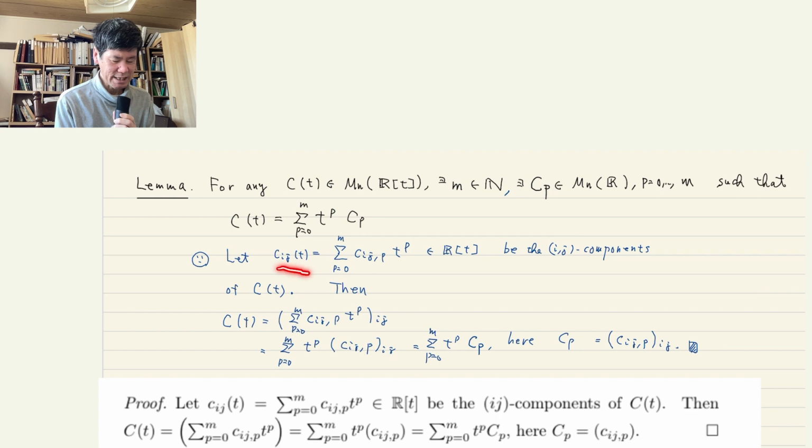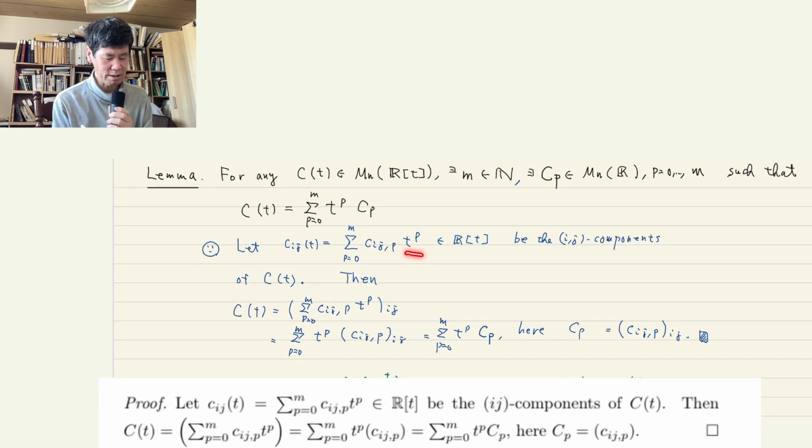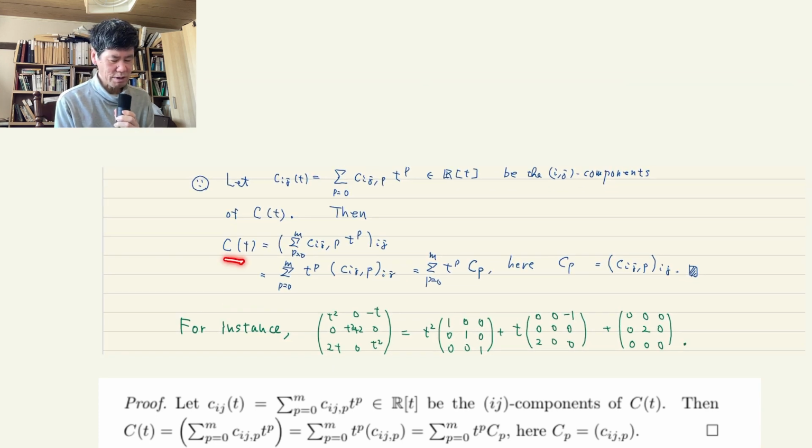Let Cij be the ij components of C(t), and Cij(t) is equal to the summation from p equals 0 to m of Cijp times t to the p. Then C(t) is this polynomial in the ij components, and putting out t to the p, we have C(t) is equal to the summation from p equals 0 to m of t to the p times the matrix of Cijp.